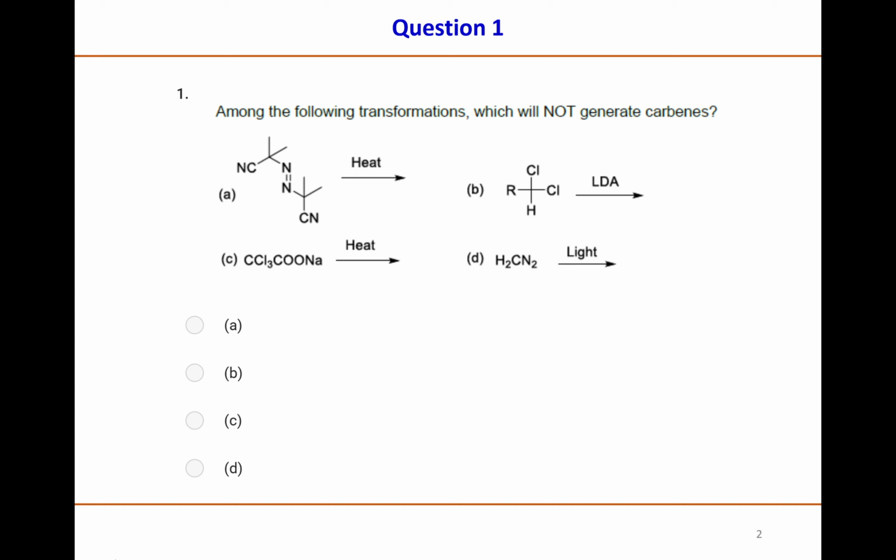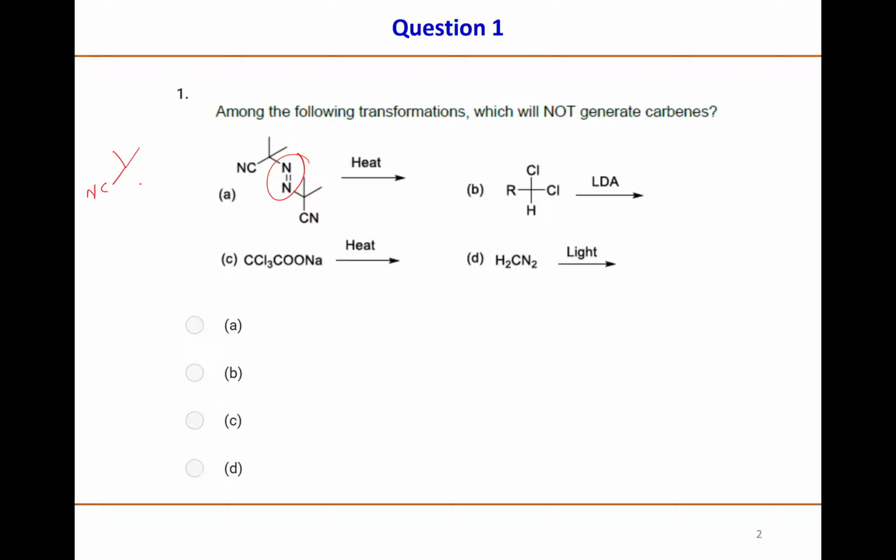So as you can see, the first option. Here we have a diazo compound first, right? And if it goes, which type of fragments will get generated? You can see it this way, right?